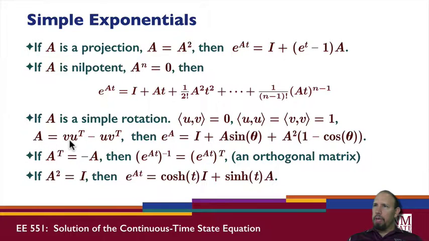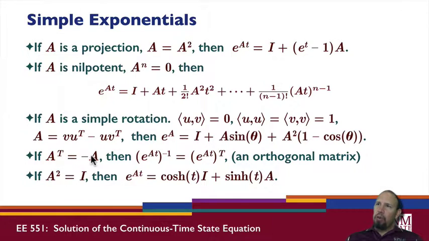If I define this matrix, V times U transpose minus U times V transpose, notice that this is a column times a row, this is a column times a row, so this gives me a square matrix. Remember, when you have two vectors, you have an angle between the two, and you can go through and show that e to the A is given by this expression.